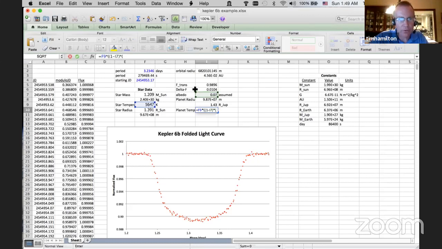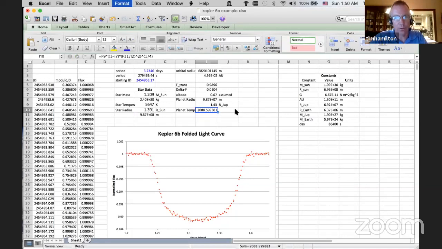So radius of the star, let's see, where did I put that? In meters, divided by the orbital radius in meters, close parentheses, quantity squared, close parentheses again. Make sure I've got the correct number of parentheses, 1, 2, 1, 2, 1, 0, okay. And take that to the 1/4 power.